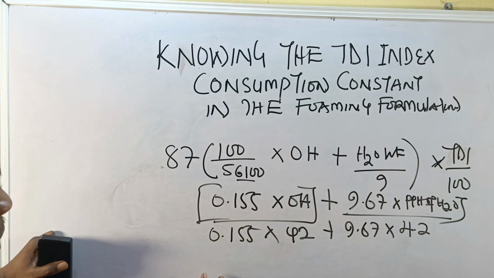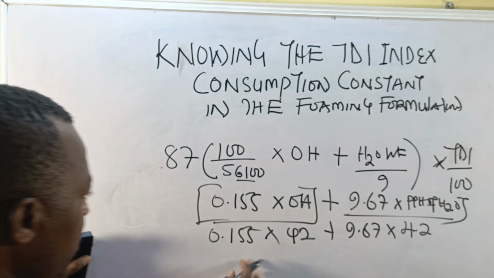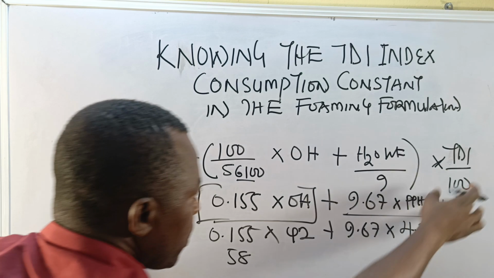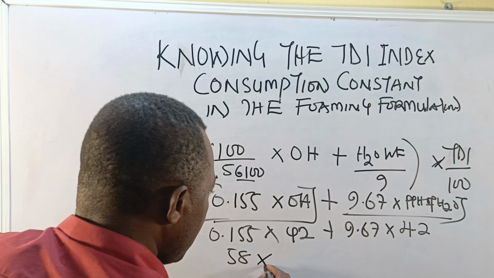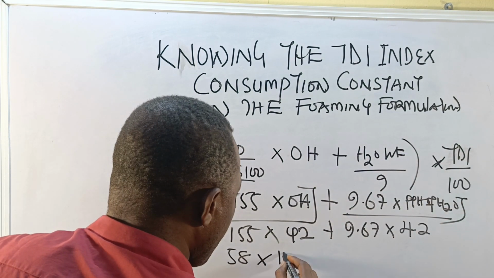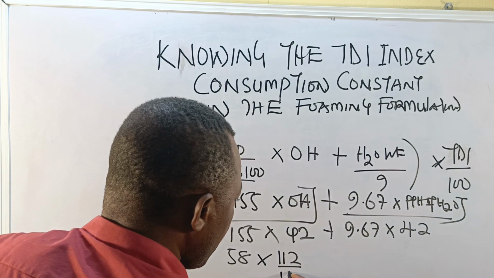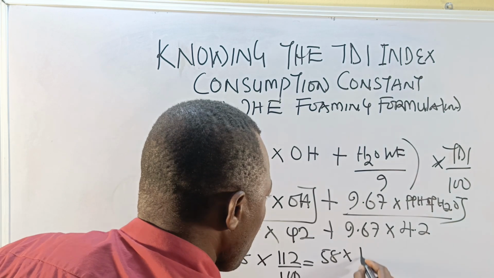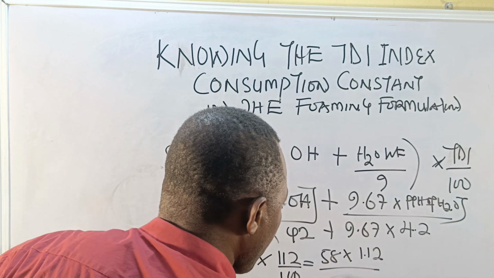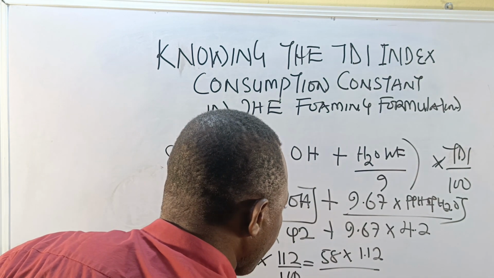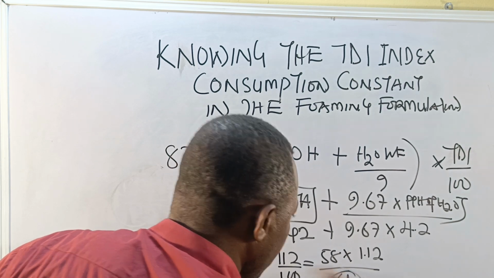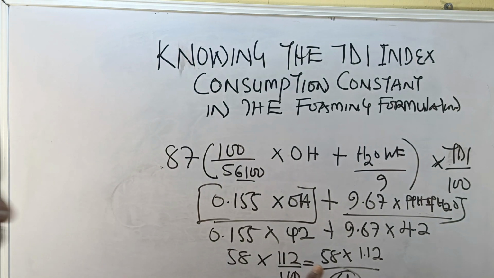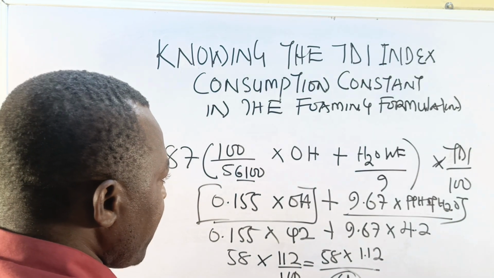So whatever you multiply here, assuming the total of this gives us 58, then times the TDI index, maybe 112 over 100. So this will give you 58 times 1.12. So whatever you multiply here, let's assume you have 61. Therefore, this is your index. For example, I'm not using a calculator. It's just an example.